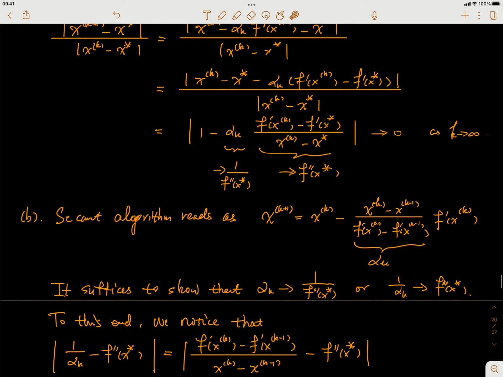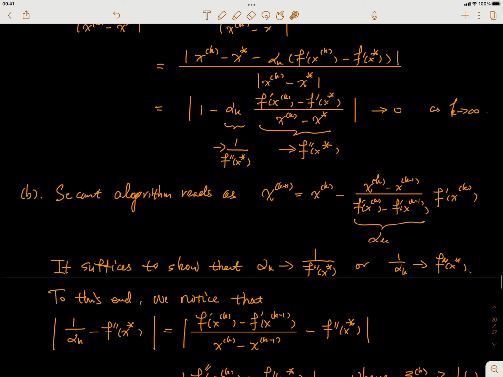Okay, so to use this in part B, we just need to realize that the second method is doing this iteration. Where this part, we know that this came from the approximated reciprocal of f double prime at xk.